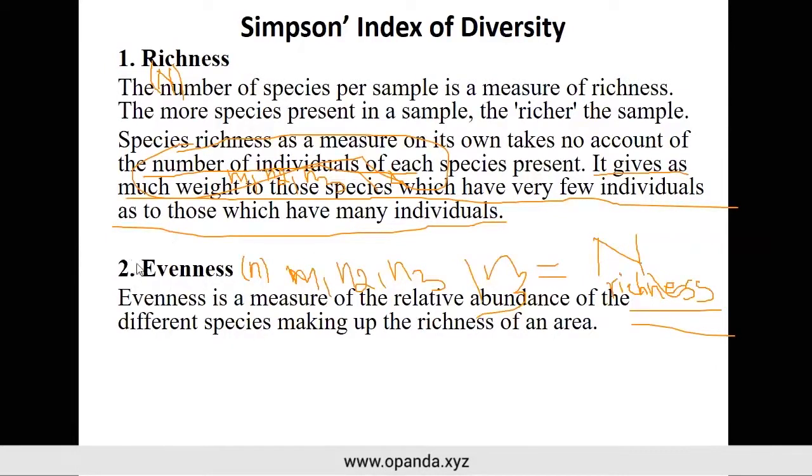Now, what is evenness? As I said, it is a measure of the relative abundance of different species making up an area. Now we have two terms: richness, bigger N, and evenness, smaller n's.